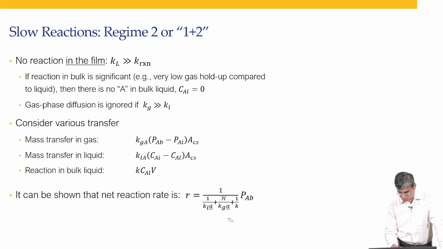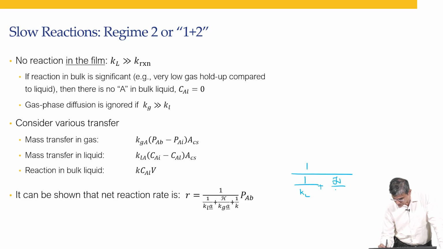Over here you are doing a correction for area per unit volume because you have K over here. The expression will be 1 divided by kL plus H divided by kg plus 1 divided by k dash.